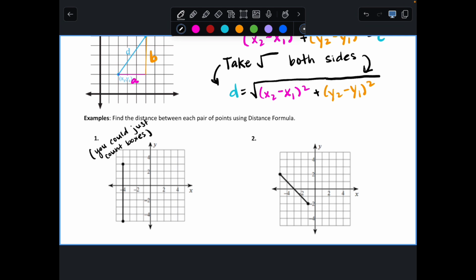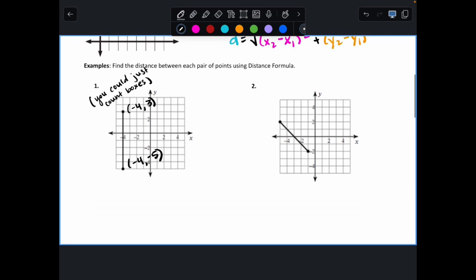So if it's a horizontal or a vertical line, you just count the boxes. But we're still going to use the formula just to get the practice. So there's my coordinates. And we're going to plug it into the distance formula.